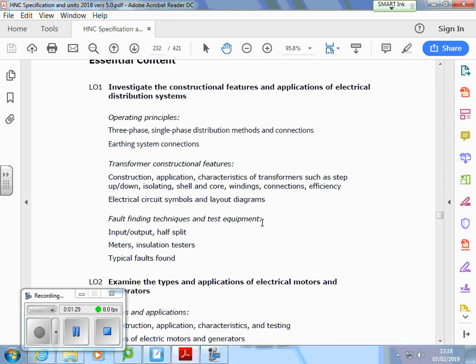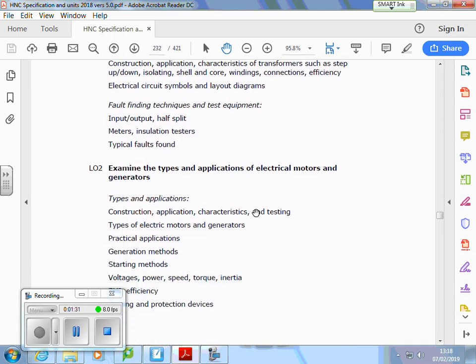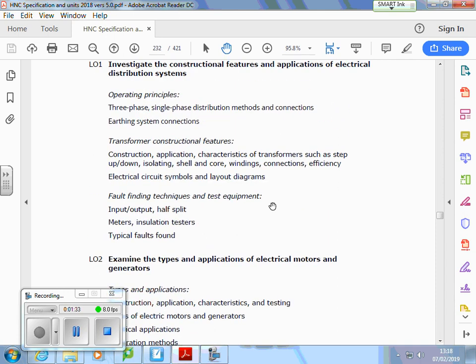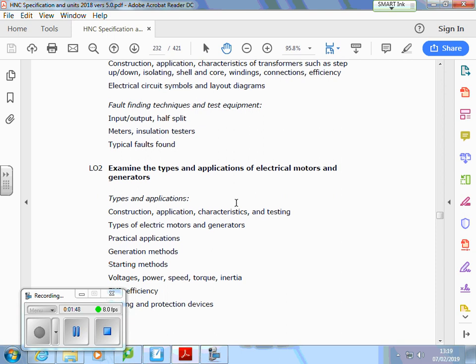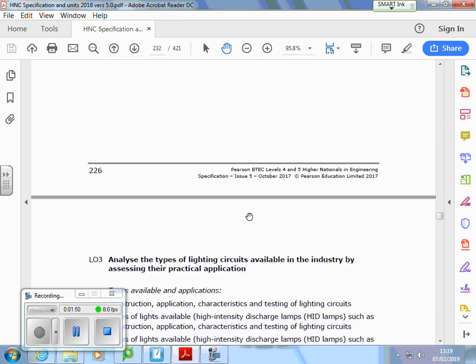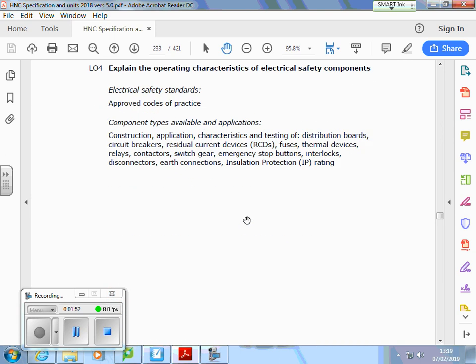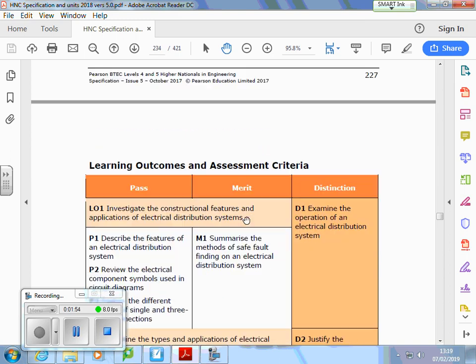These are the kind of things we'll cover, and it's up to me to interpret that and decide which things are most important, which things might be more of a background, just information thing. But obviously the key things are what you're going to be assessed on. I'm not going to dwell on that too much, but we will have a look at the assessments.